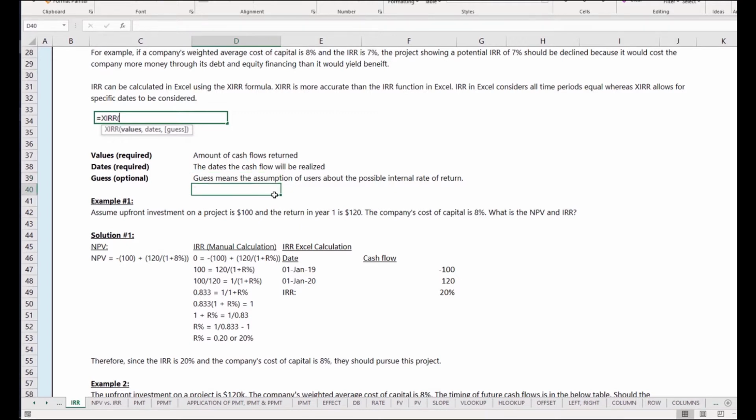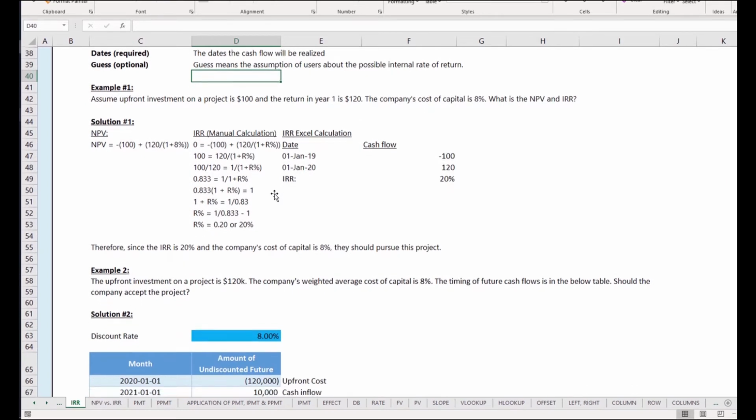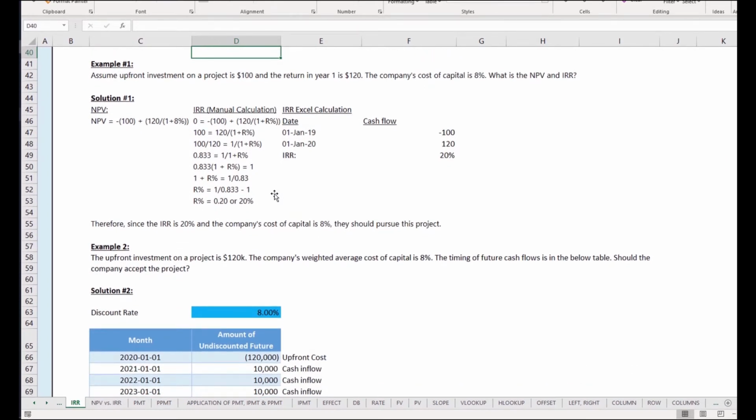The NPV would be equal to the negative amount of the cash outflow, i.e. on initial investment in the project, it's going to cost $100, plus the sum of the discounted future cash flows. So the discounted future cash flows is equal to 120 divided by 1 plus 8%, which is the cost of capital. So when we do that, we take negative 100 plus 120 divided by 1.08, and that returns a result of $11.